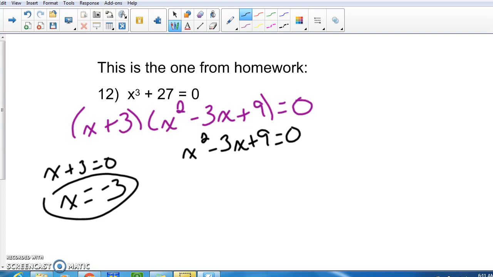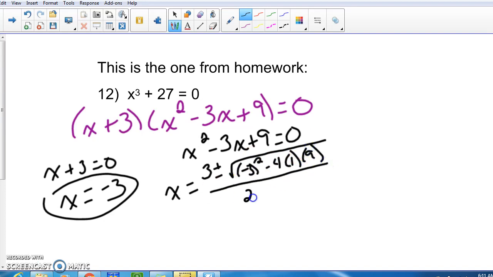I think you guys are very good at the quadratic formula. So again, opposite of b, plus or minus the square root of b squared minus 4ac, all over 2a.